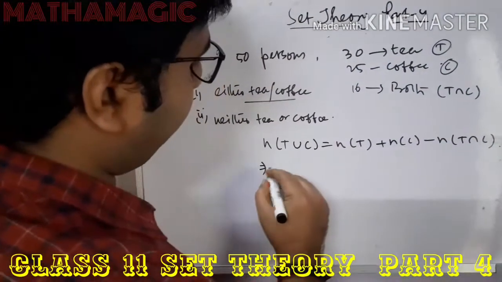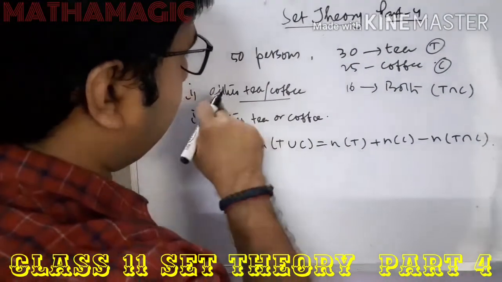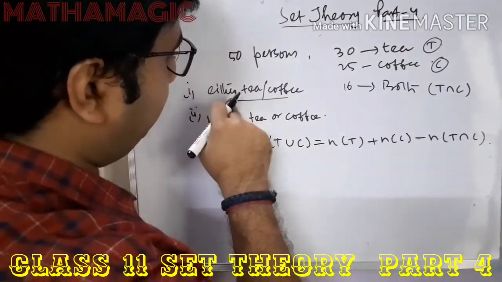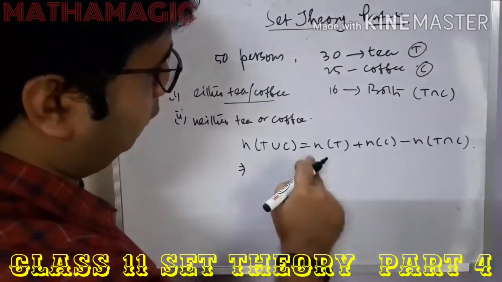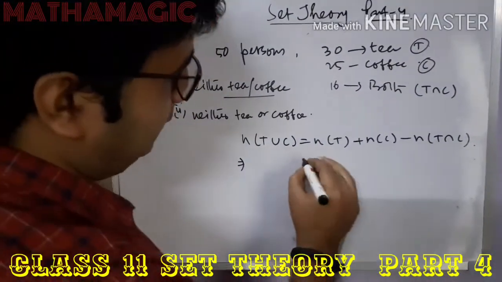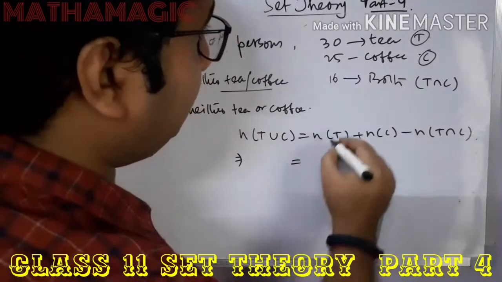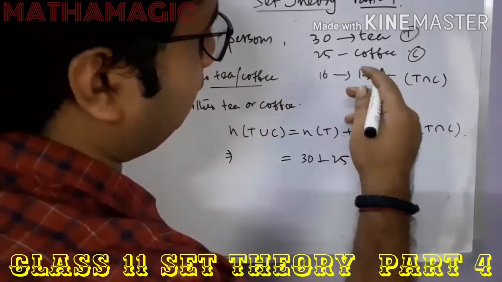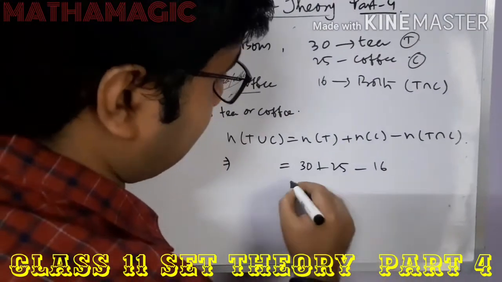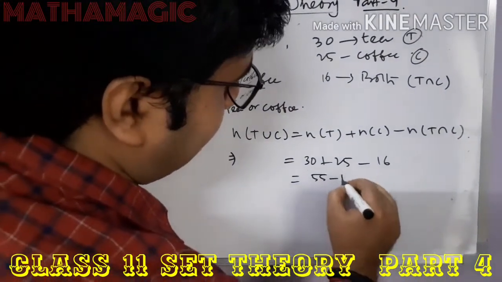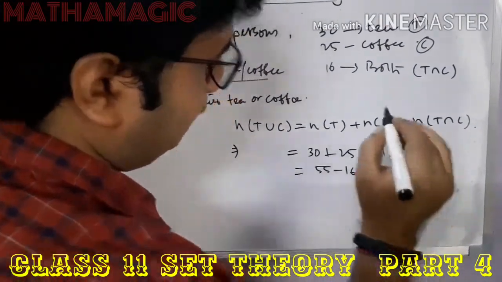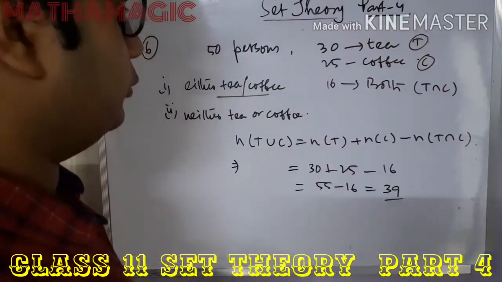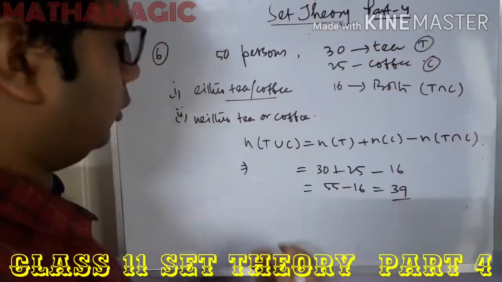So if we have to find either tea or coffee, then we have to compute n of T union C. That is, n of T is given as 30, n of C is given as 25, and n of T intersection C is 16. So it will be 55 minus 16, that will be 39. So 39 people are like this, those who drink either tea or coffee.